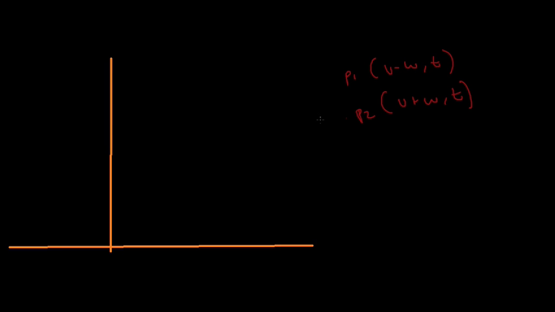Get our line tool. I'm not really going to make much of a negative axis, it's just unnecessary. Alright, that's close enough. So let's suppose we had v minus w, t, and this is point 1, point 2 is v plus w, t.